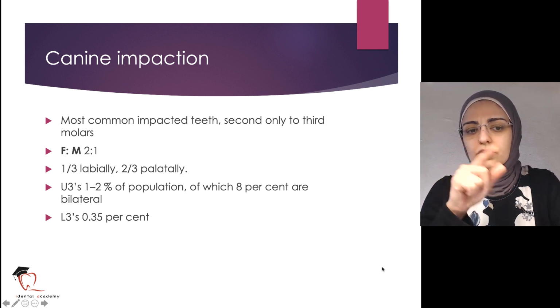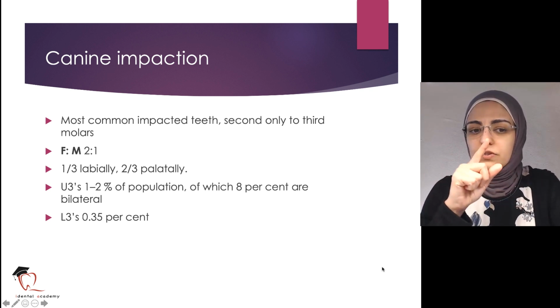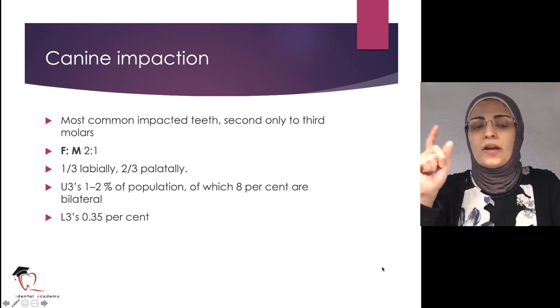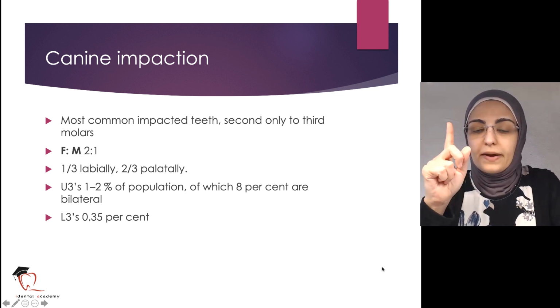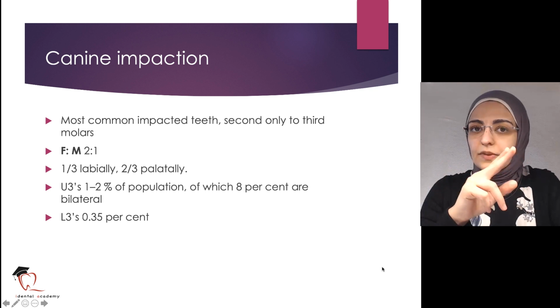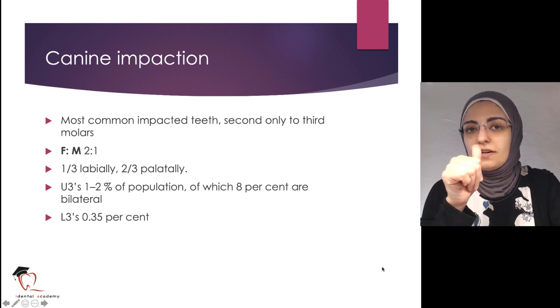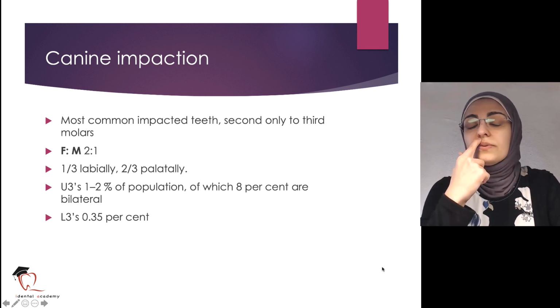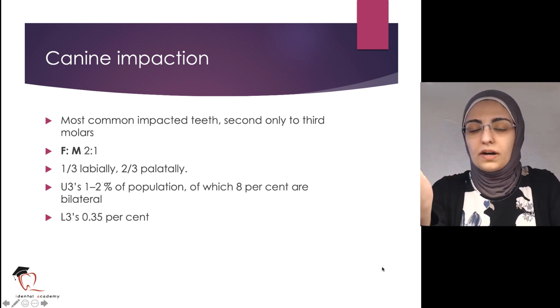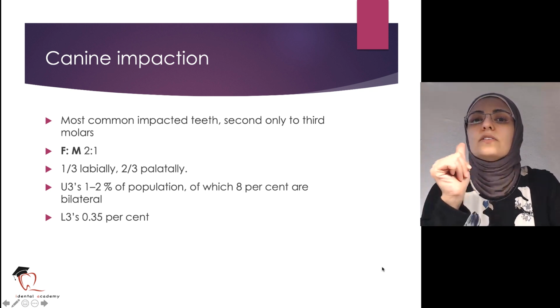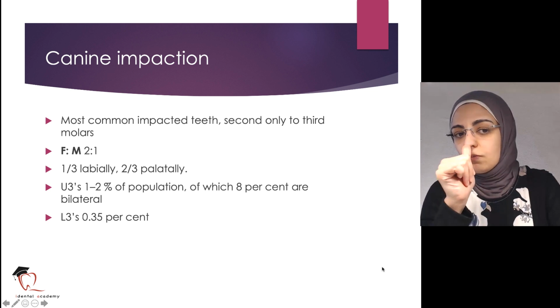It's usually 2 times more in females than males, so you see it more in ladies. And a third of them are labially impacted and 2/3 are palatally. So if you don't see the canine erupted buccally and there is no bulge, you can start to look in the palate to see if there's any bulge there.